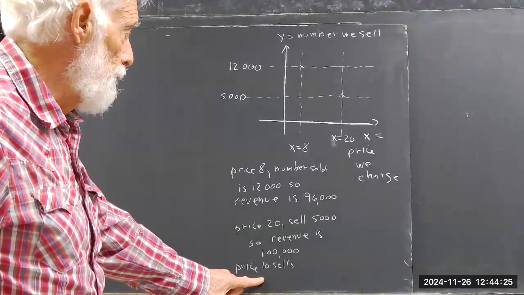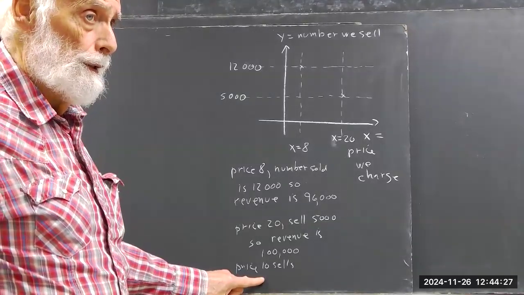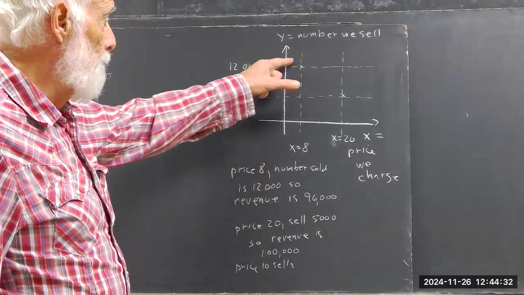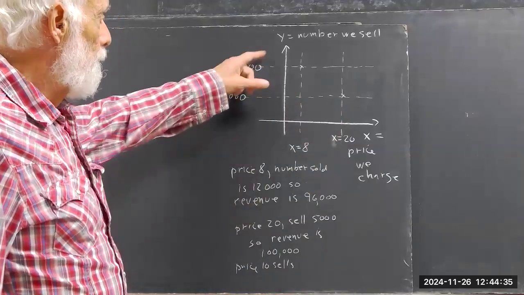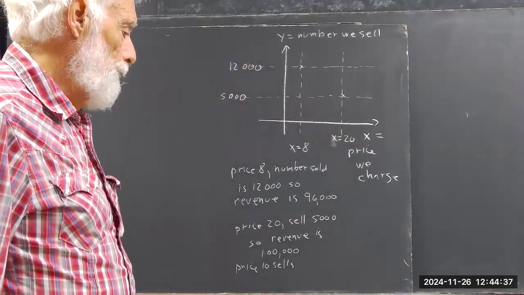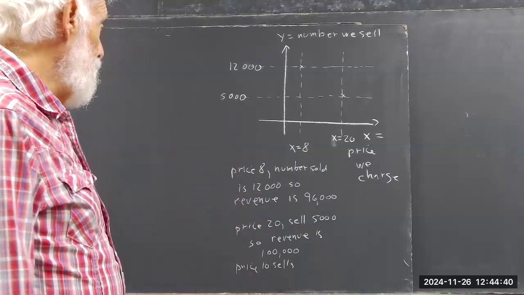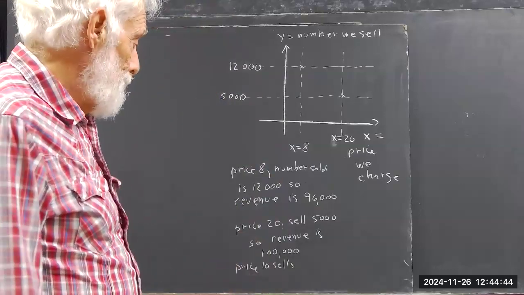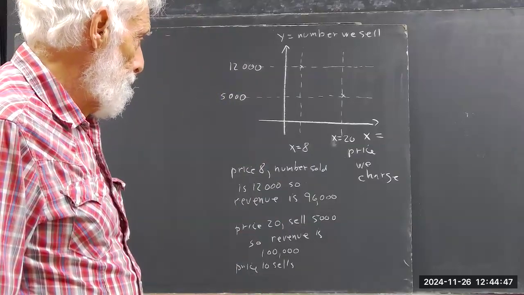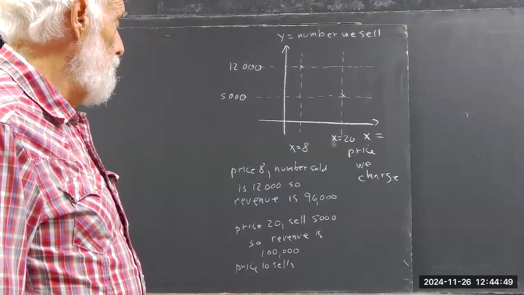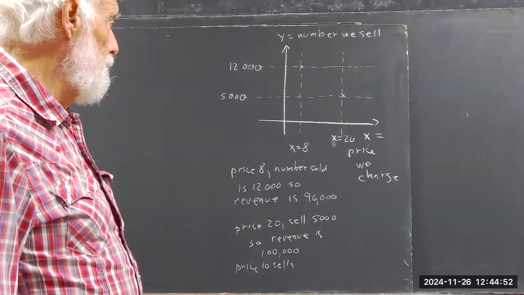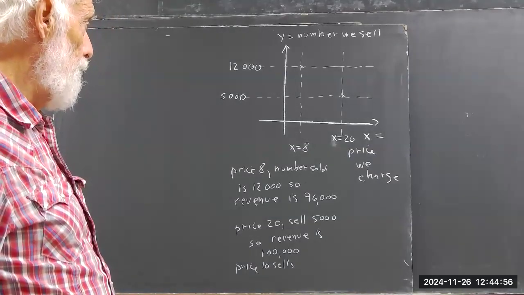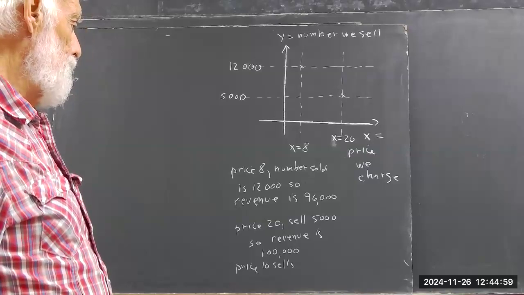Price of 10. How many would you sell at a price of 10? Well, I'll say 10 is 1/6 of the way from here to here. From here to here, we go down 7,000. 6 goes into 7,000 about 1,160 times. So we'd be selling a little less than 11,000, which would be 110,000, less the 1,600.